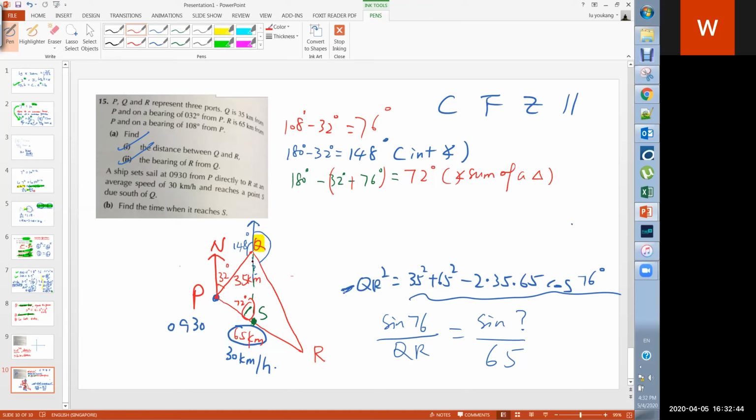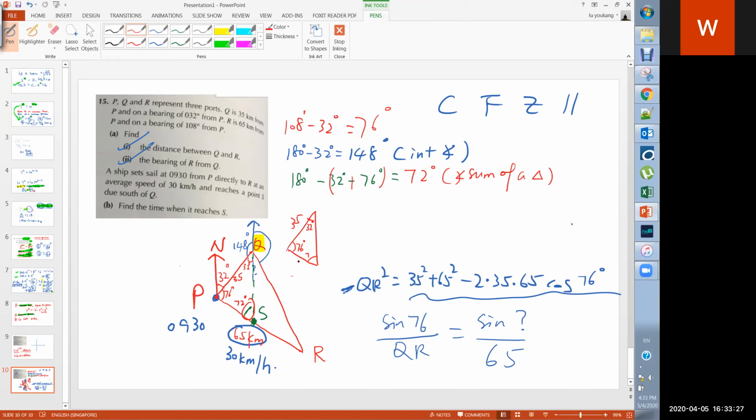First thing first, I have all the angles already. This is 32, and then this is 76. The 35 is too big. Let me make it smaller. This is 35. So I think you can find out what your QS is already. I can extract it out for you to see. Wait, do we need to know what's QS? We don't. Maybe no need, but just to let you know.